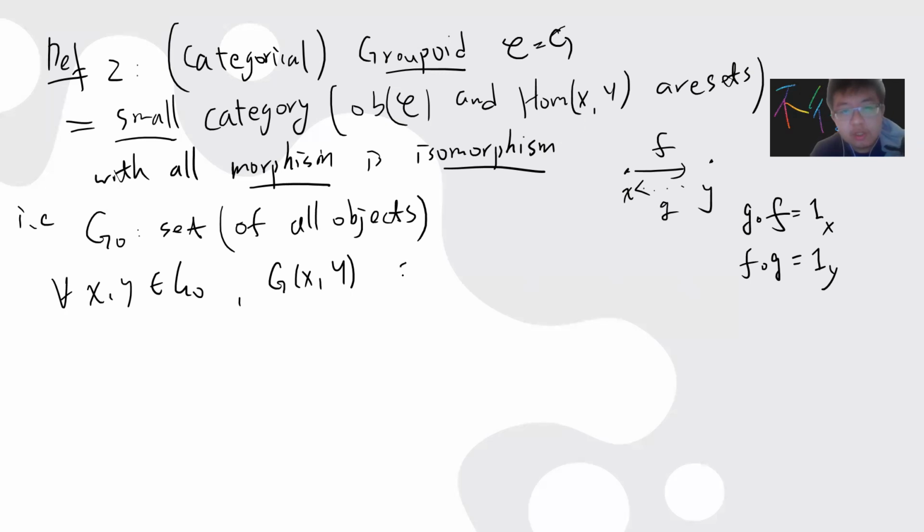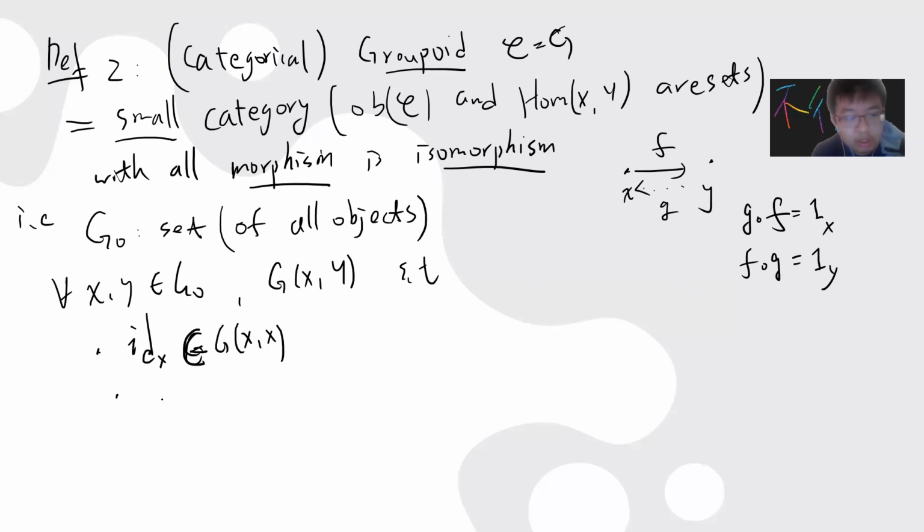Such that it is a category, right? So basically you should have the identity map on X. There's always one special morphism, the identity, in G_XX. And also there's a composition that you can do, right?